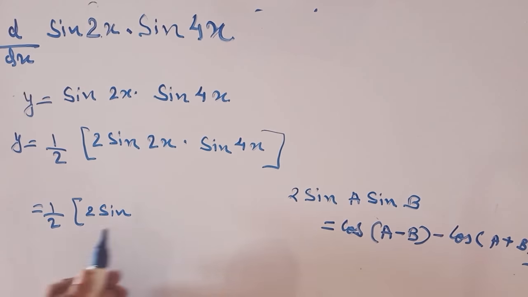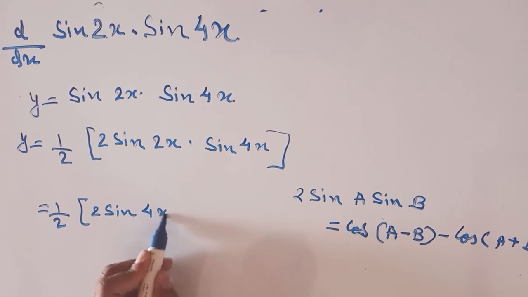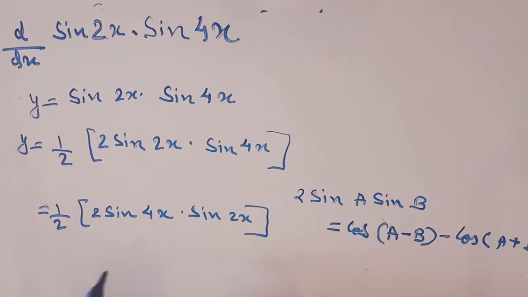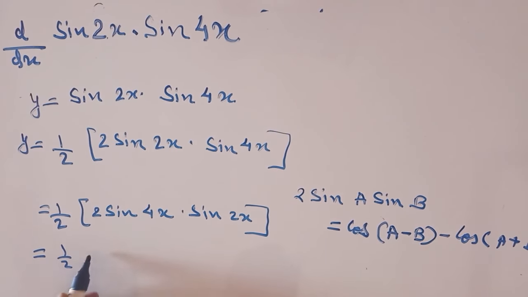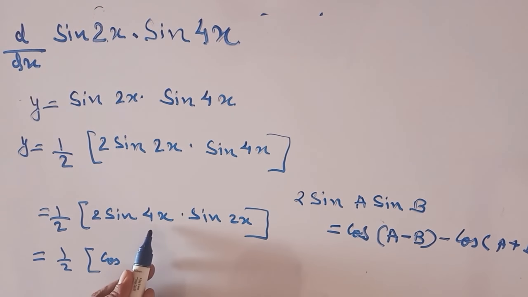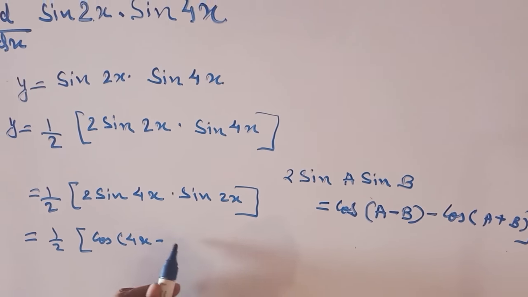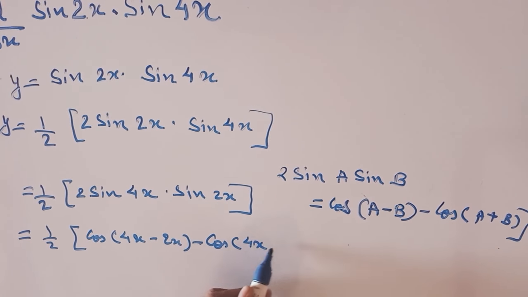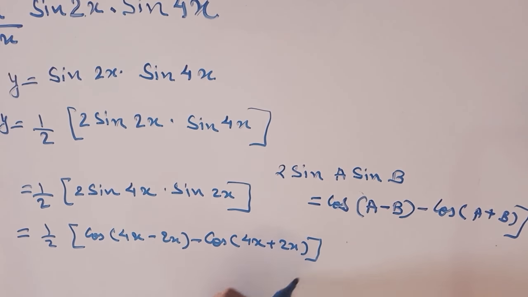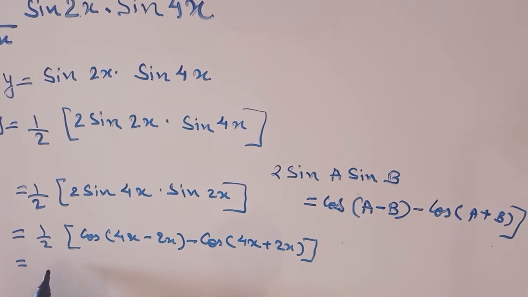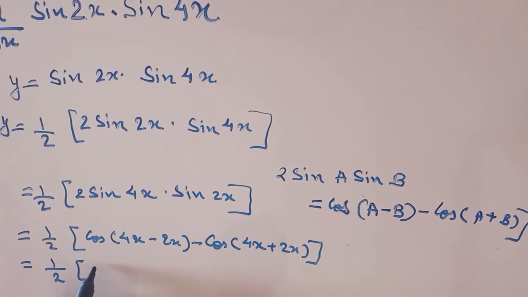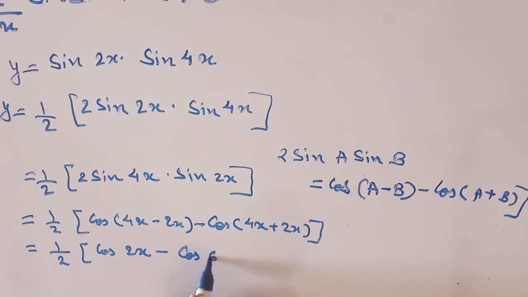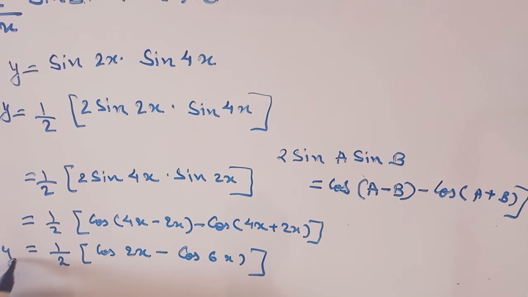I am taking sin 4x first, and then sin of 2x. So we will apply the formula: it will be cos of A minus B, so 4x minus 2x, minus cos of A plus B, so cos of 4x plus 2x. So now the next step we get half of cos 2x minus cos 6x. This is the value of y.